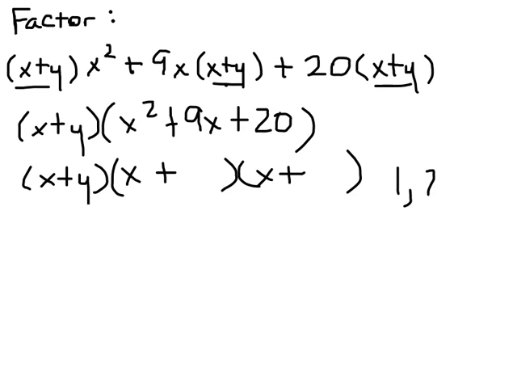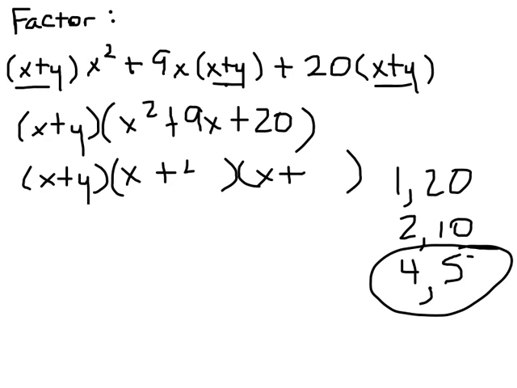Well, you've got 1 and 20, 2 and 10, 4 and 5. 4 and 5 is the winner, so it doesn't matter where you put them because they're both positive. So this is your factored expression, x plus 4, x plus 5.